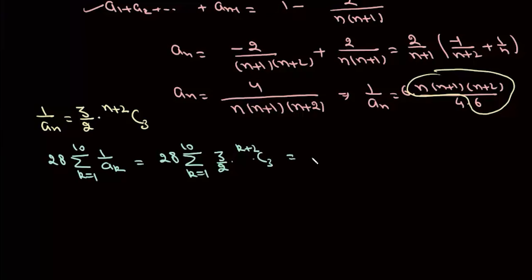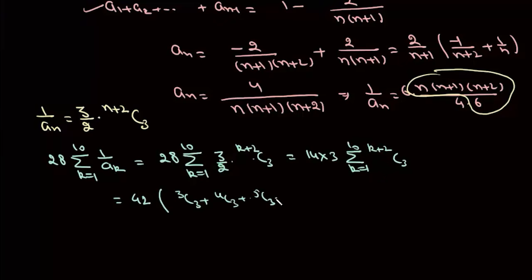So it will be 14 into 3, and then this summation k varies from 1 to 10, k plus 2 c3. Now this is 42, and we can write this summation as 3c3 plus 4c3 plus 5c3 up to 12c3.